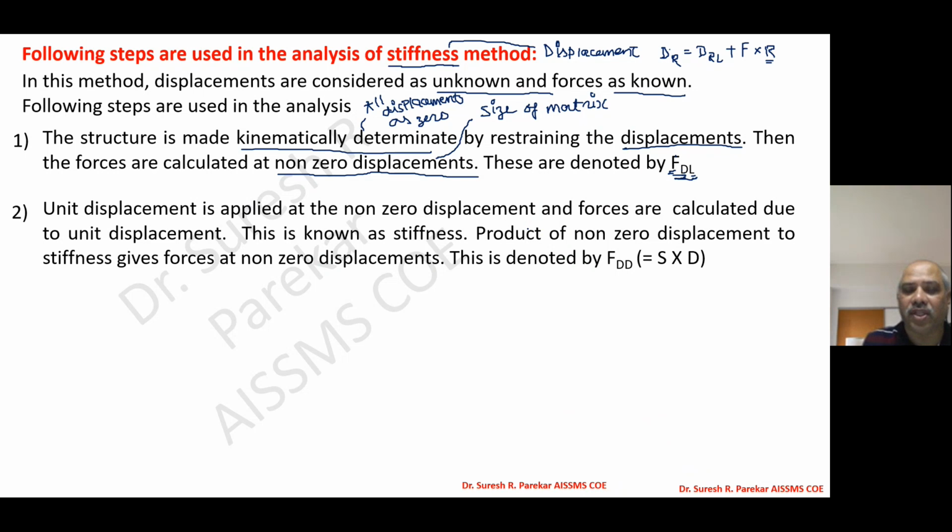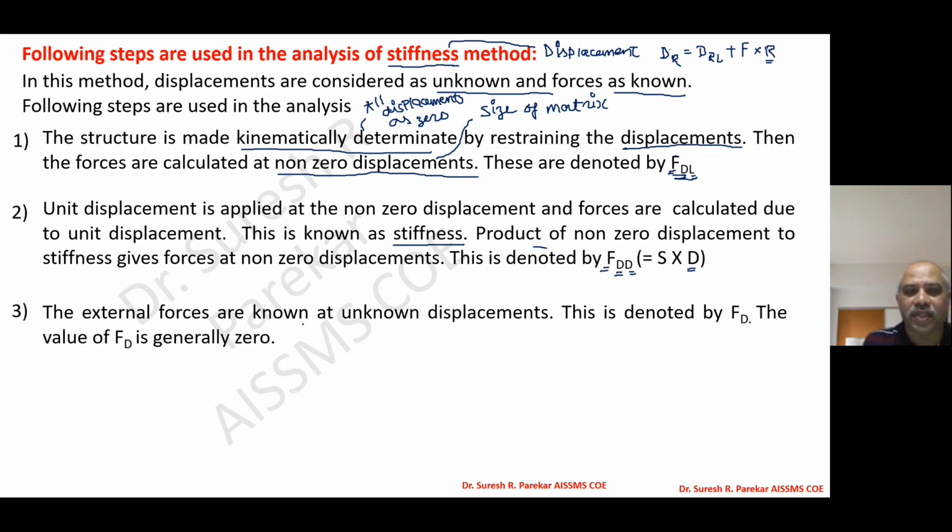We apply theta equal to 1, then the forces we get, like 4EI upon L, are known as stiffness. Multiplying the stiffness with the displacement gives the force at unknown displacement due to unit displacement, and that gives us the stiffness matrix.